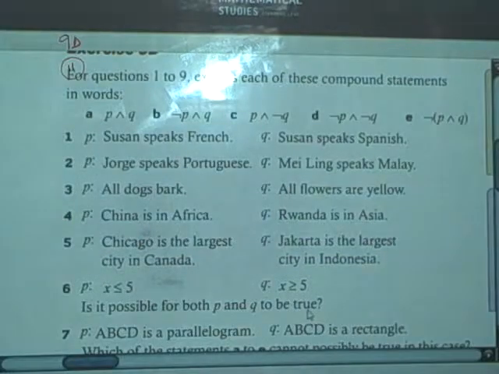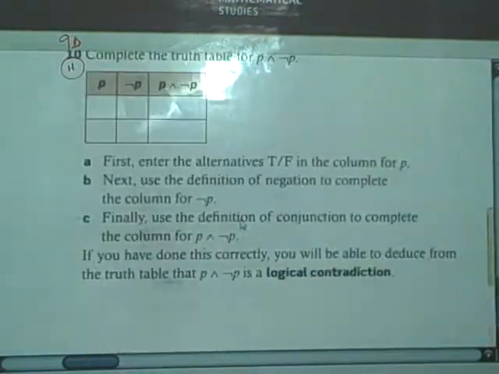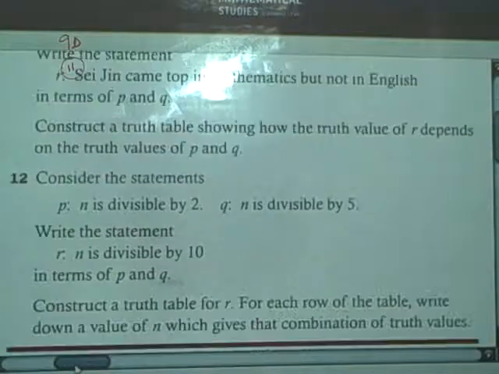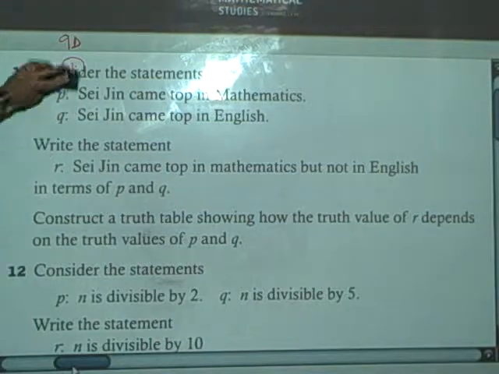Okay, let's take a look at the book. This is 9D. And here's number 10. Then we go on to the next page, there's number 11. Let's zoom in. Okay, consider these statements. Say Jim came top in mathematics.